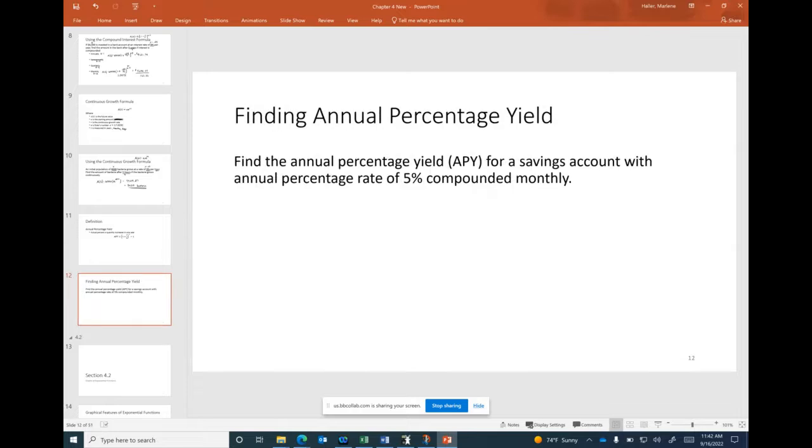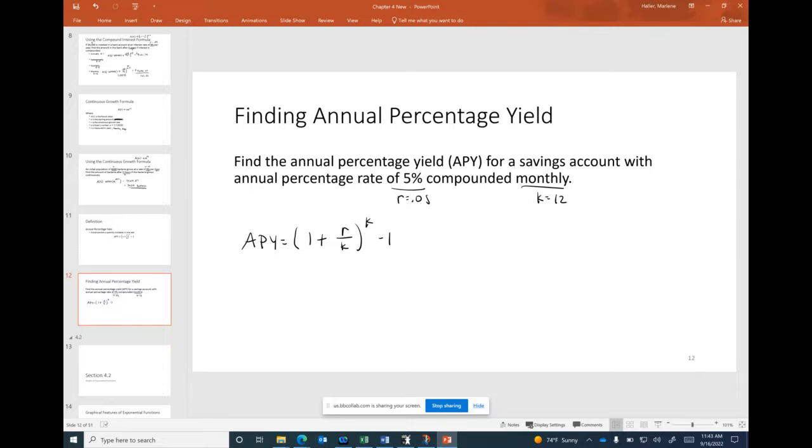Let's look at this example. What would the annual percentage yield, or the actual growth rate, be for a savings account that has an annual percentage rate of 5% compounded monthly? Here our r is 0.05. Our k, the number of compounding periods, is going to be 12. So the annual percentage yield is 1 plus r divided by k, raised to the k, minus 1.